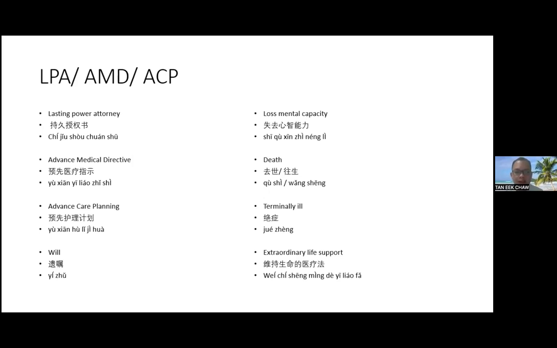So for example, in case you have a certain disease, what are you keen to do? Although this one is not a legal document, you can go to what we call AIC, one of the departments where the coordinator will talk to you and document your wishes. It is a booklet you go through, and this document will be put in the national electronic record.